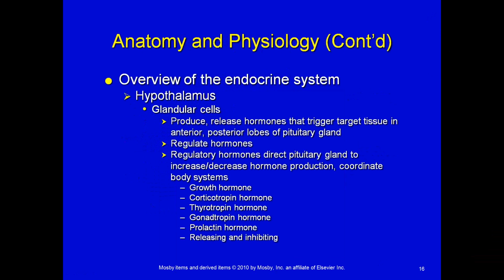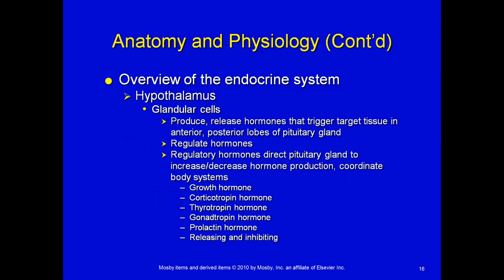The hypothalamus produces and releases hormones that trigger target tissue in the anterior and posterior lobes of the pituitary gland. So it's actually the hypothalamus that triggers the master gland, the pituitary gland, to send signals to other glands to release their hormones. So the hypothalamus regulates hormone release in the body.